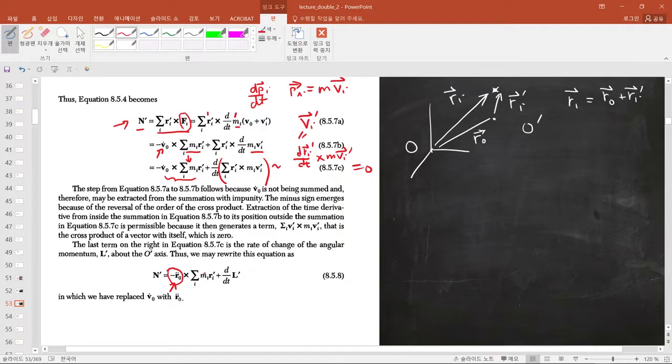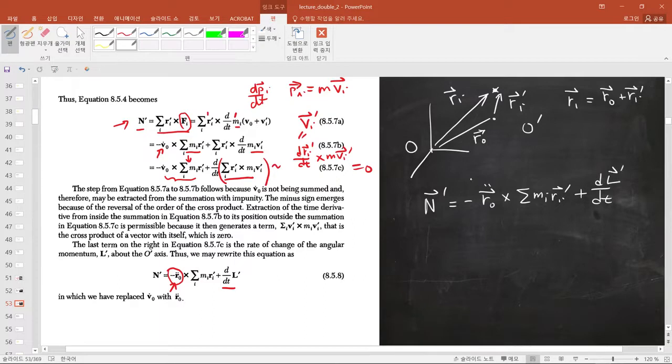Times the sum of m_i r_i prime, plus this one, which is of course r_i prime times m_i v_i, that is dL prime over dt. So you have N prime is equal to minus r0 double prime cross sum m_i r_i prime plus dL prime over dt.